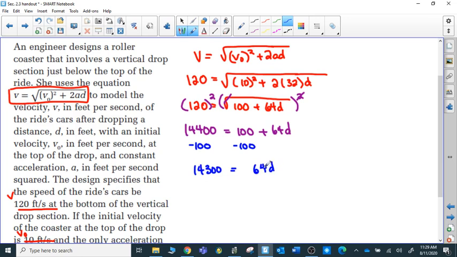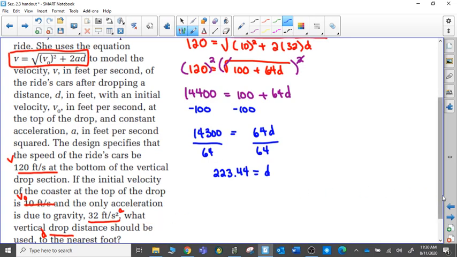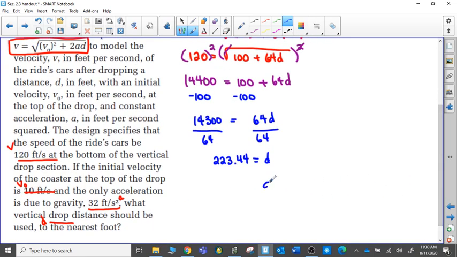So the last thing that I need to do is just divide by 64. That'll get d by itself. And when we do that, we end up with 223.44 approximately. And that is asking us what the vertical drop to the nearest foot would be. And so to the nearest foot, we'd have 223 feet.